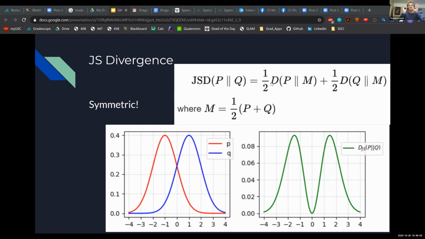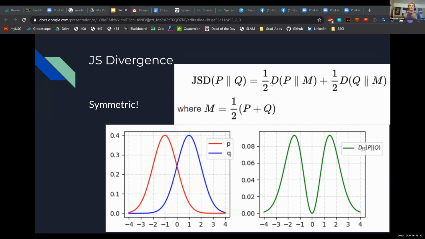Let's take the exact middle of our two different distributions, and we're going to call that M. And then we're going to look at the difference between P and that M, and Q and that M. So instead of comparing one to another, now we're going to compare one to the average of the two and the other one to the average of the two.